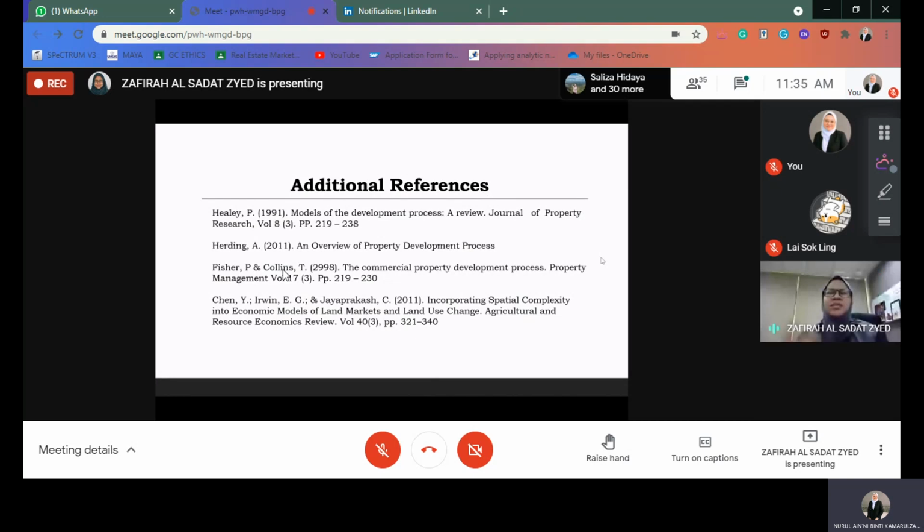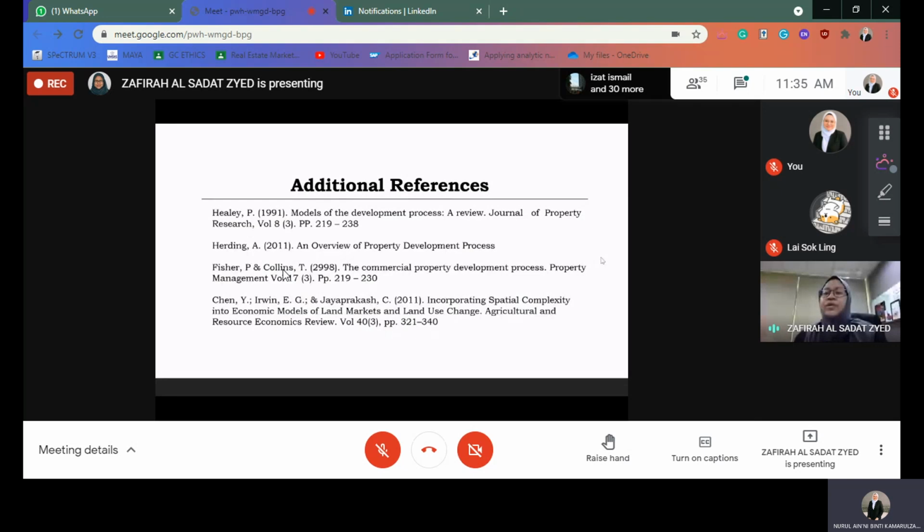So based on all these four models, Pat Healy said, you know what, I'm going to come up with another model. He came up with a model called the institutional model, which encapsulates all four models. Healy understood the advantages and disadvantages, the strengths and weaknesses of each model, and came up with the institutional model.